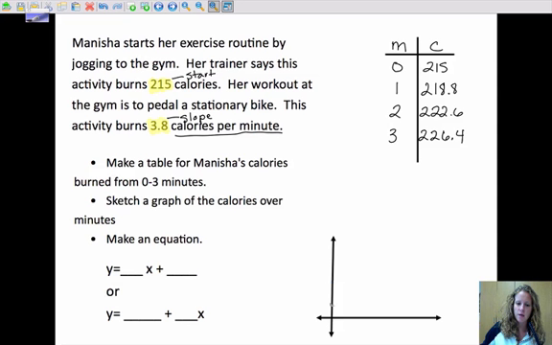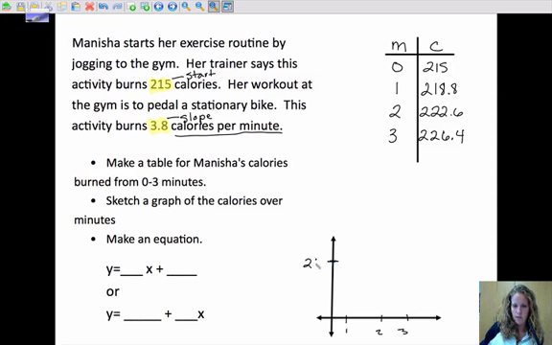Okay, so if we make a graph here, I'm going to spread those out. As we go minute by minute, 1, 2, 3 minutes, we can't start down here at 215, can we? 215 is a ways up.